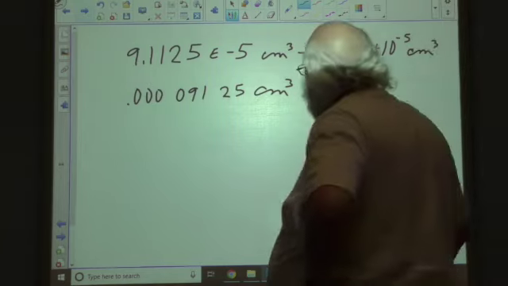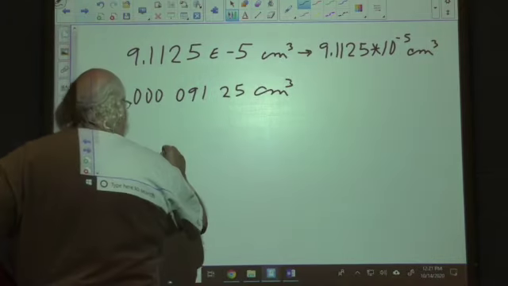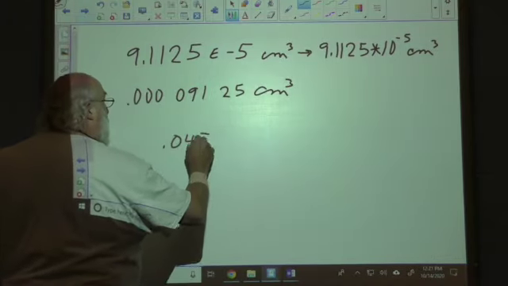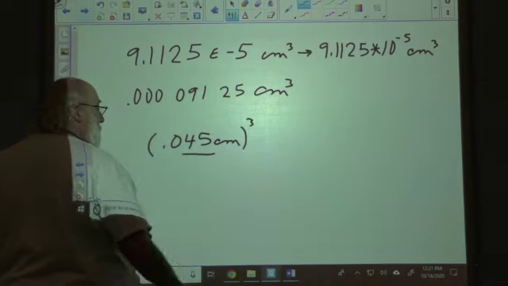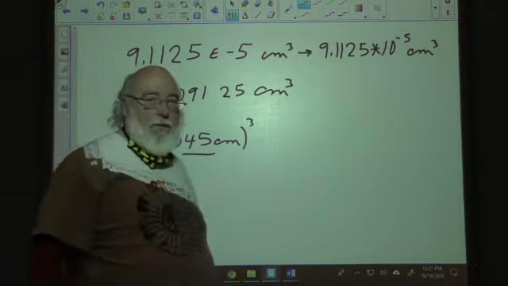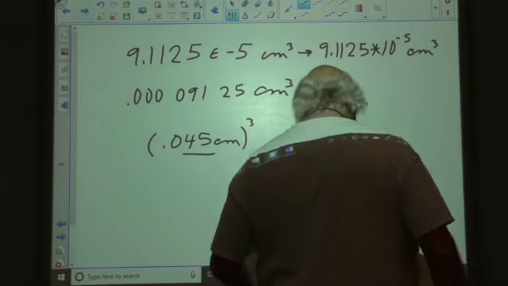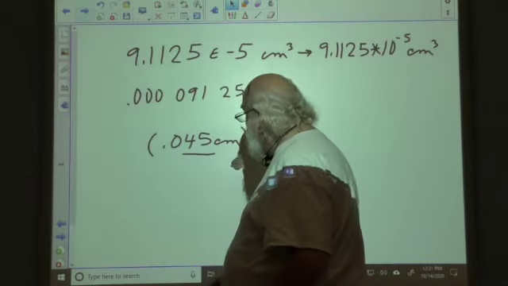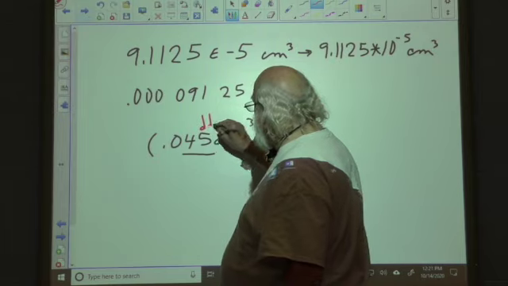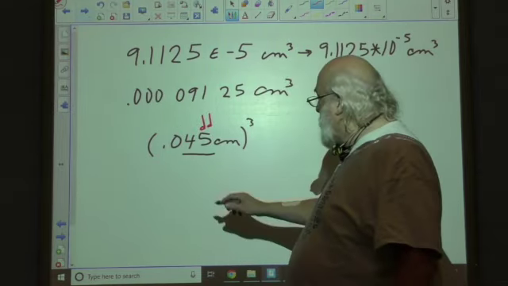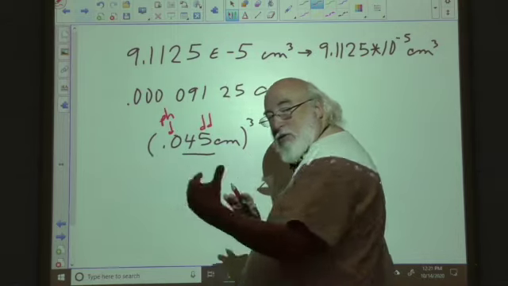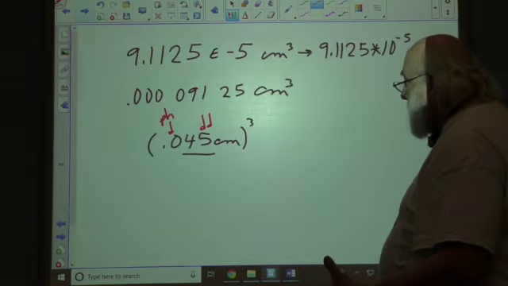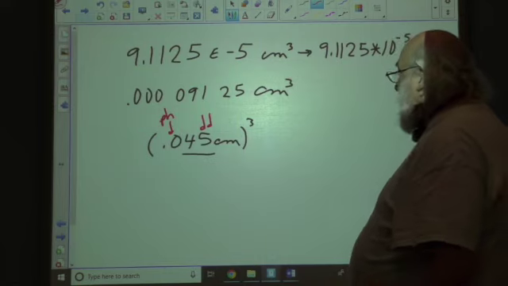Question I have to ask you though is what number of significant figures does that measured number have? Well, the doubtful digit is the 5. The 0 here is a placeholder because there's no other numbers between the 0, or around the 0, I should say.